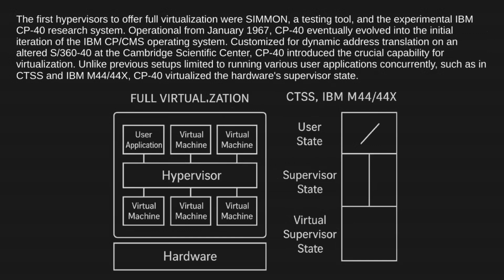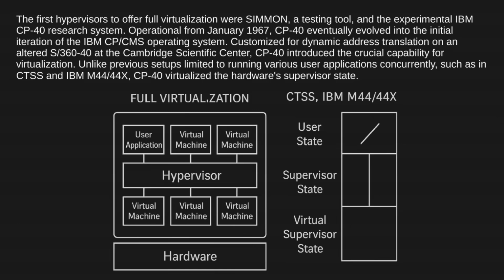The first hypervisors to offer full virtualization were SIMMON, a testing tool, and the experimental IBM CP-40 research system. Operational from January 1967, CP-40 eventually evolved into the initial iteration of the IBM CP/CMS operating system. Customized for dynamic address translation on an altered S/360-40 at the Cambridge Scientific Center, CP-40 introduced the crucial capability for virtualization.